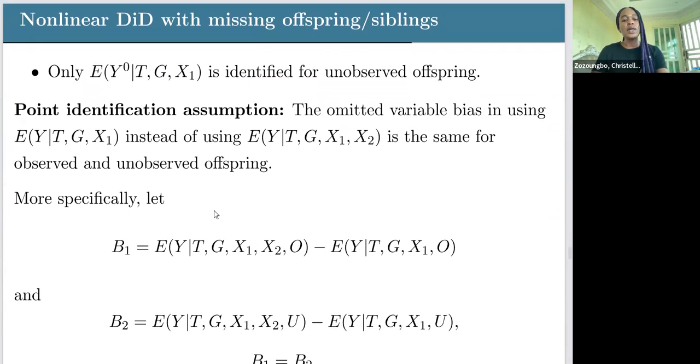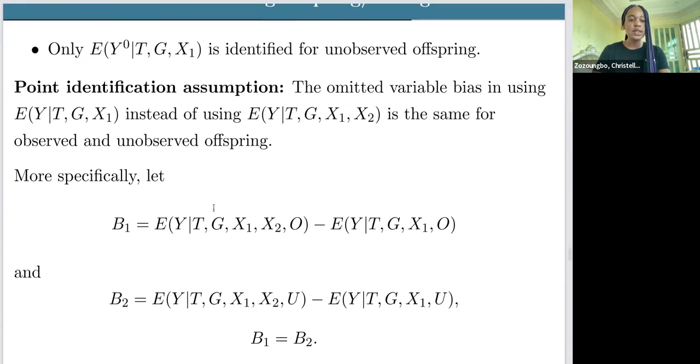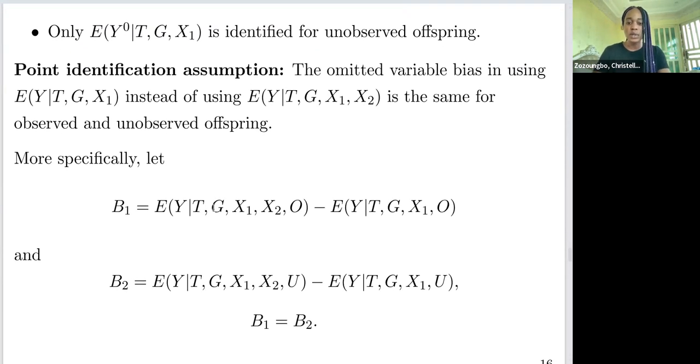So one assumption that I made to keep moving, which I will relax later on, is this point identification assumption. It basically says that the omitted variable bias from using this short regression instead of the long regression is the same for the observed and the unobserved offspring. I can define this bias for the unobserved offspring and for the observed offspring.